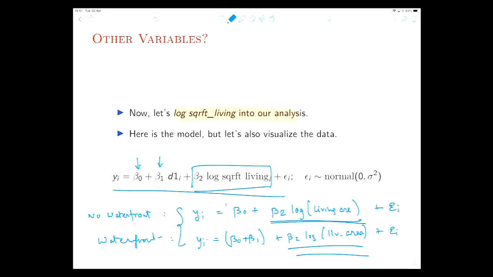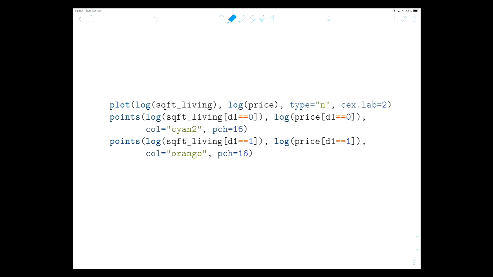What is changing is the intercept term, the intercept of the line. The one with no waterfront has a particular intercept given as beta 0, but a property which does have a waterfront has a different intercept given by beta 0 plus beta 1. So let's visually confirm that.